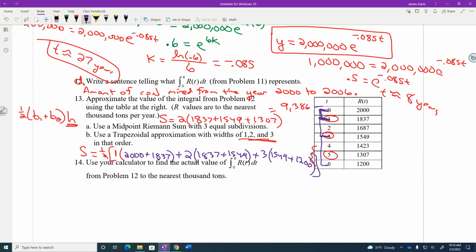And then when you're finished, make sure it's a number that's similar to the midpoint. If they're way off, then you can make a mistake.